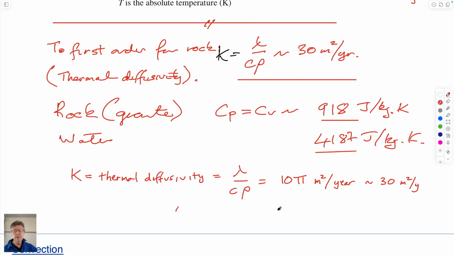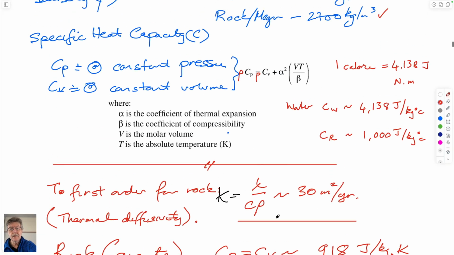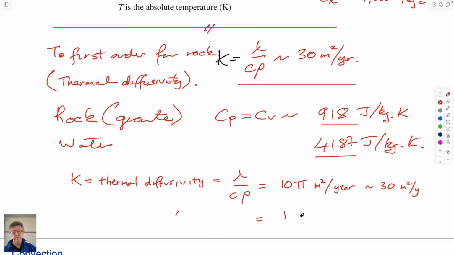So I'm thinking that if you took the values that we have, so we had, let's call it, 1 watt per meter per degree centigrade divided by 1,000 joules per kilogram per Kelvin times 1,000 kilograms per meter cubed.